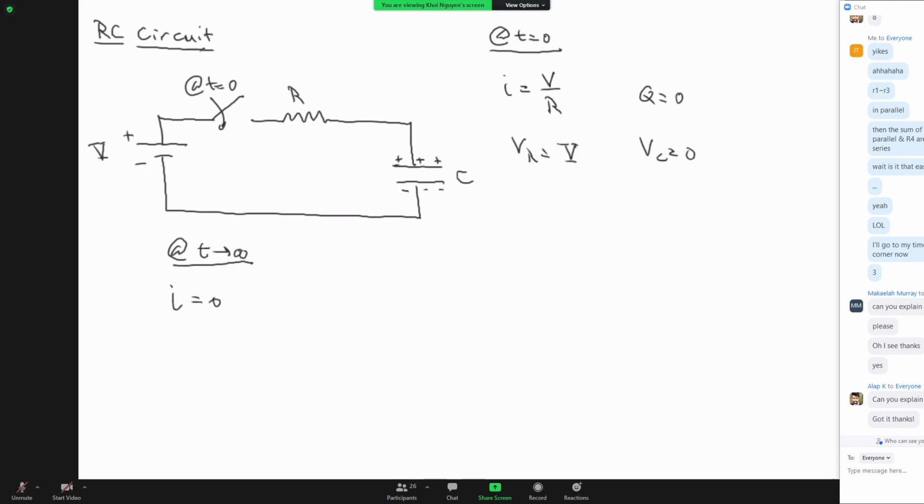The voltage of the capacitor is the voltage of the battery, which means the charge on the capacitor is simply the voltage of the battery times capacitance. And the voltage across the resistor is equal to 0, because ideally, as you add more charge to the capacitor, it becomes more charged, almost equaling the voltage from the battery at the end. Does that make sense?